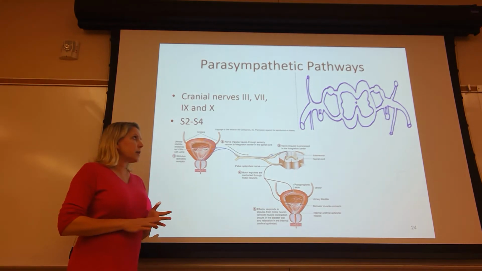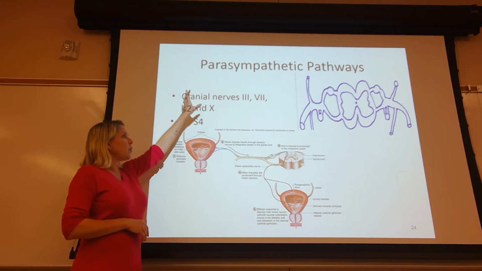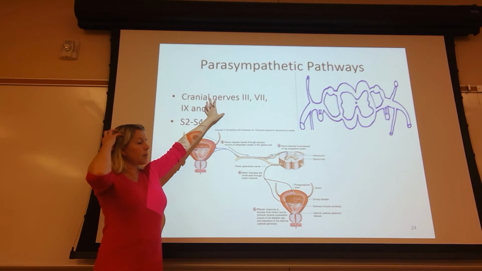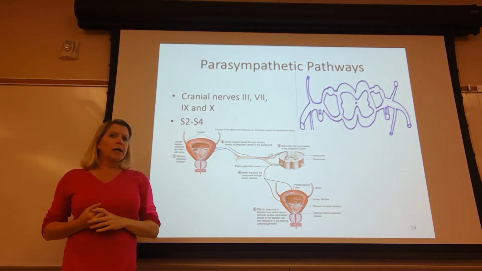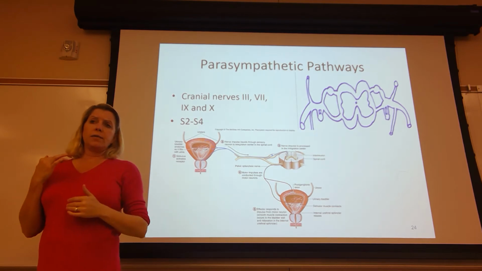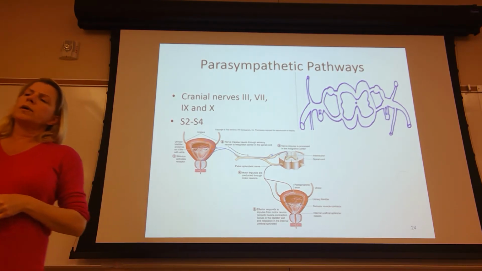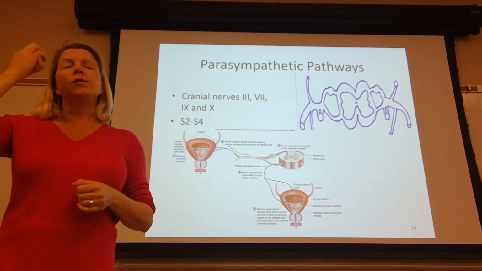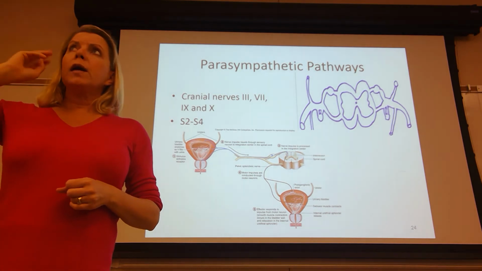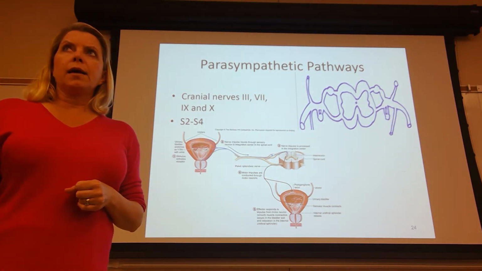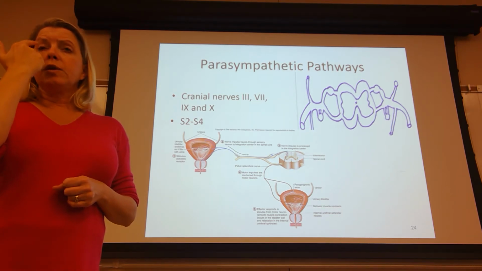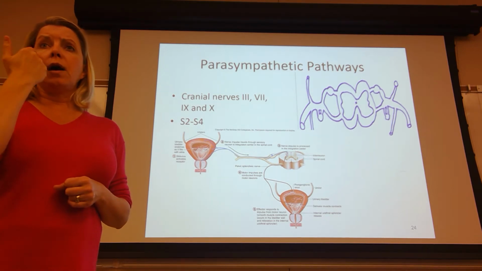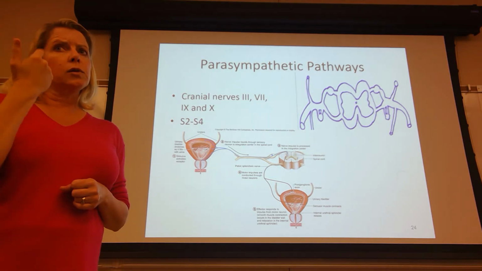For cranial nerves 3, 7, 9, and 10, they come off nuclei off the brain, and they terminate again on terminal ganglia near the involuntary effector. Cranial nerve 3 will communicate to a postganglionic neuron that will target the ciliary body, your intrinsic muscles of your iris, your vascular tunic.